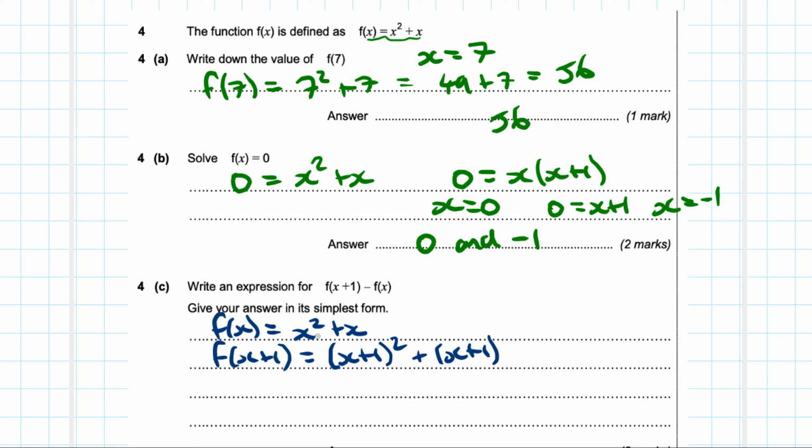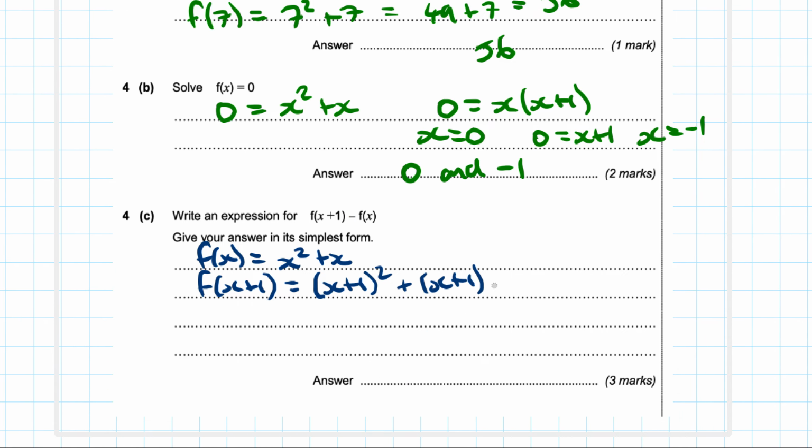Again, all your x's have been replaced by x plus 1, so it's the whole of (x plus 1) squared. From here we can expand out our terms, so it becomes x squared plus 2x plus 1 plus x plus 1, which we simplify to x squared plus 3x plus 2. 2x plus x is 3x, 1 plus 1 is equal to 2.